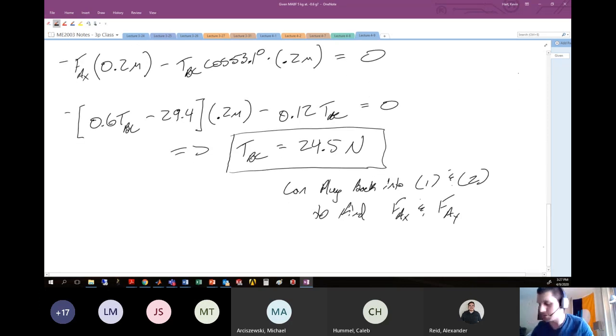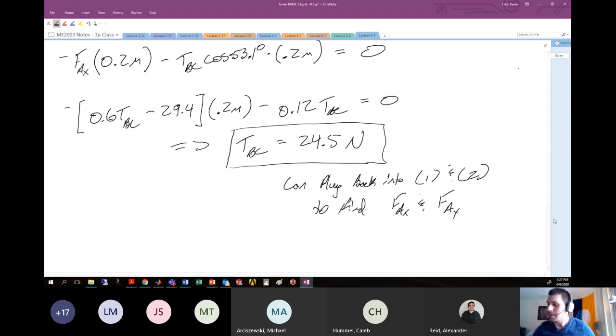All right, so that's just taking that tension value, plugging it back into those equations directly, and you end up with the following: the force at A in the x direction is going to be negative 14.7 newtons. Okay, so that tells us that the original way that we drew that vector was backwards, so that's fine. And the force at A in the y direction here will be 29.5 newtons.